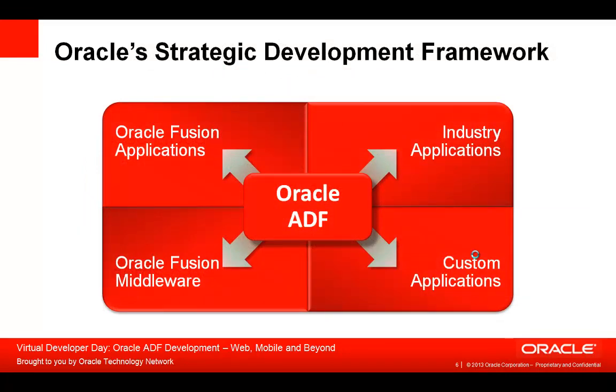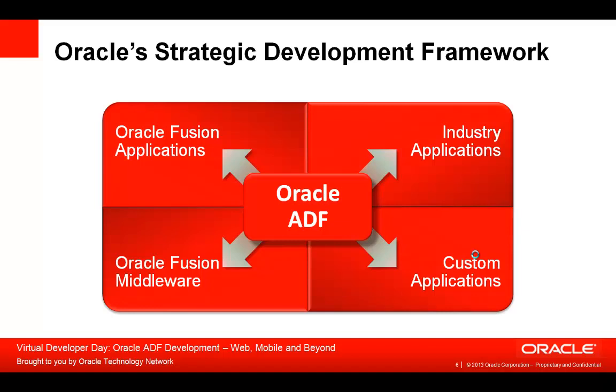Oracle uses Oracle ADF internally to build all our modern enterprise applications. For example, Oracle Fusion applications, the Oracle offering in fields such as human capital management, financial system, and project management, are all built from the ground up using Oracle ADF. We also use Oracle ADF to develop products inside Oracle. For example, products such as Oracle Enterprise Manager, WebCenter, and the consoles for the Oracle SOA Suite are all built with Oracle ADF.